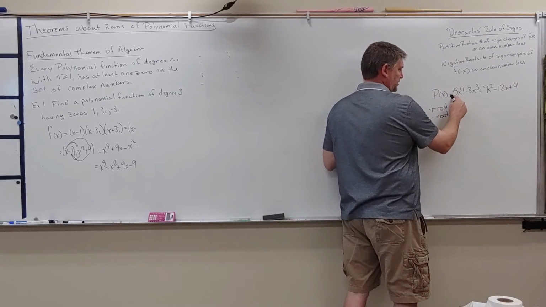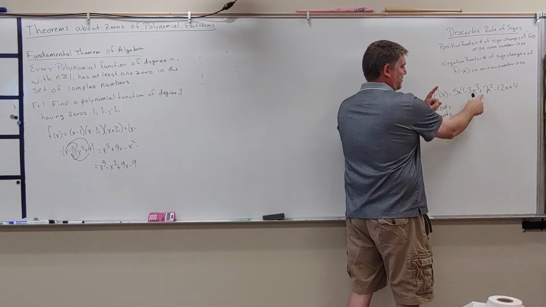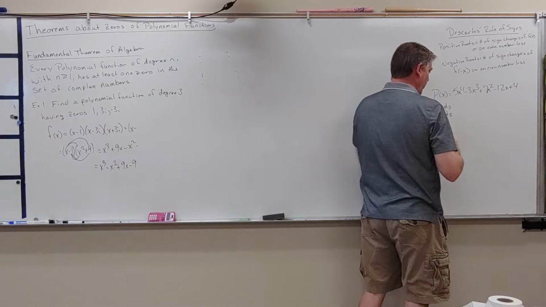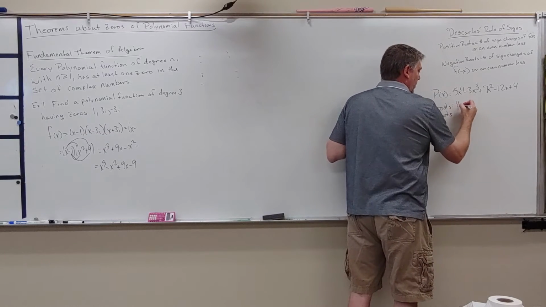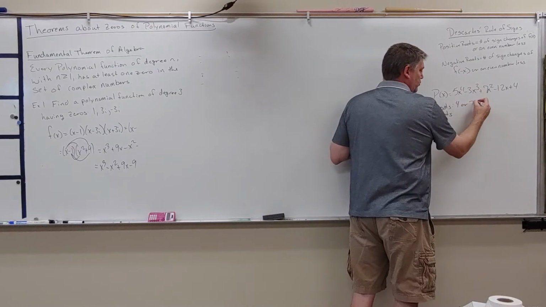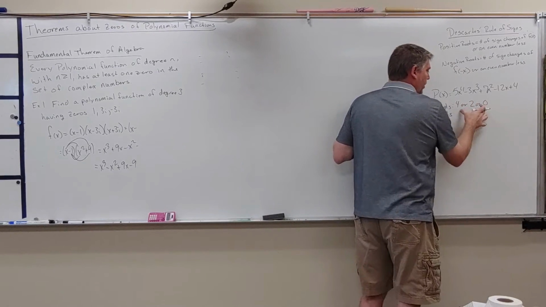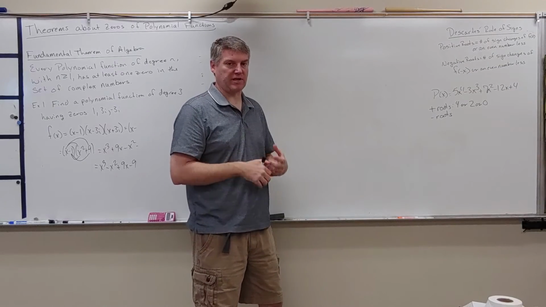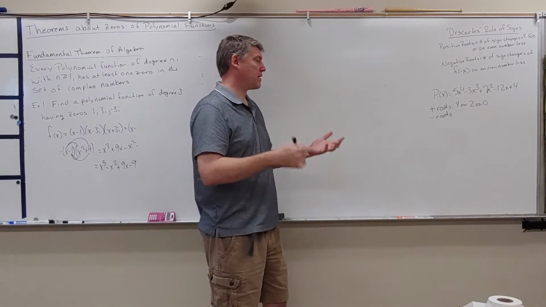So I'm going to count the positive roots. So I count the sign changes. Positive to negative, that's 1. Negative to positive, 2. Positive, negative, that's 3. Positive, negative, that's 4. So this is 4. So, or I'm going to subtract by 2, 2, or 0. We have to continue to decrease that number by 2 until we get to either 0 or 1. Okay?